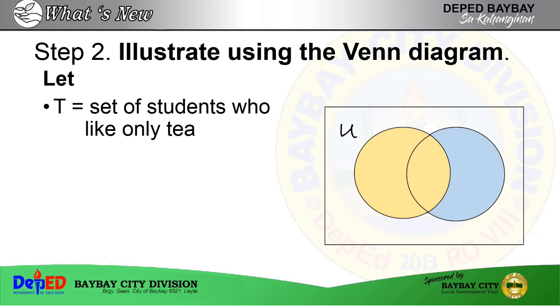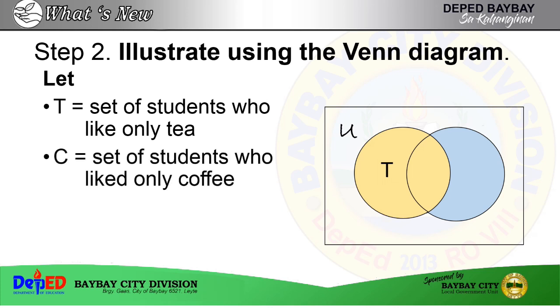Observe the example. Let T be the set of students who like only tea. This portion is the students who like tea only. Let C be the set of students who like only coffee. This portion is the students who like coffee only.